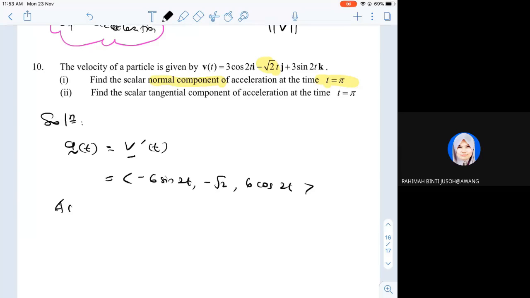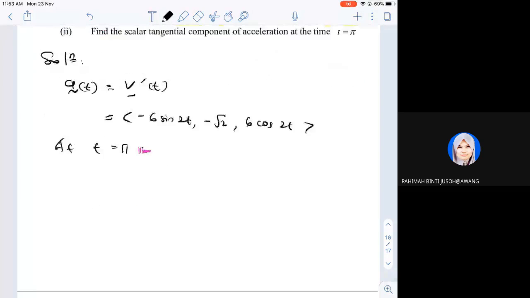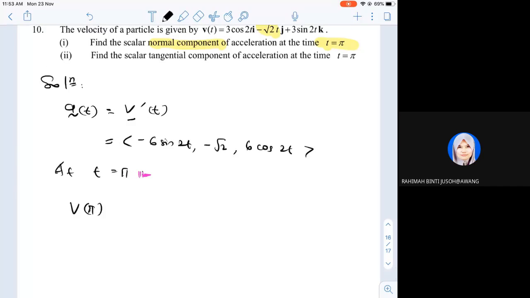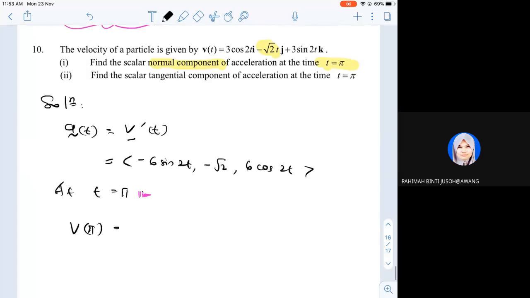At t equals pi, first V pi. Substitute into V. You have to substitute all the values of t here with pi.